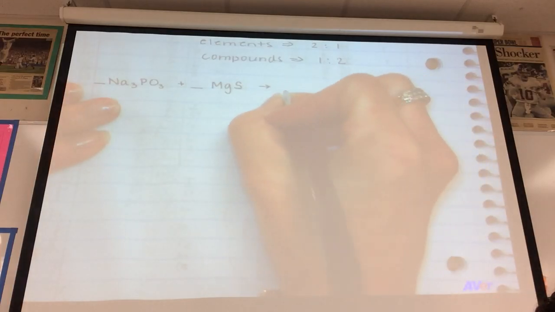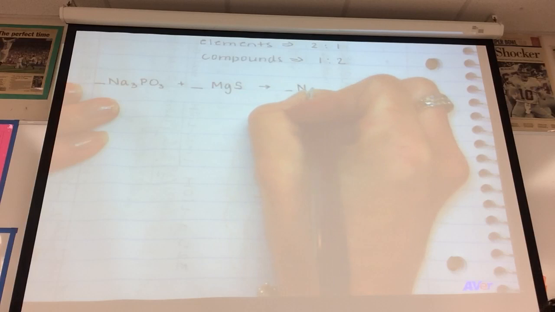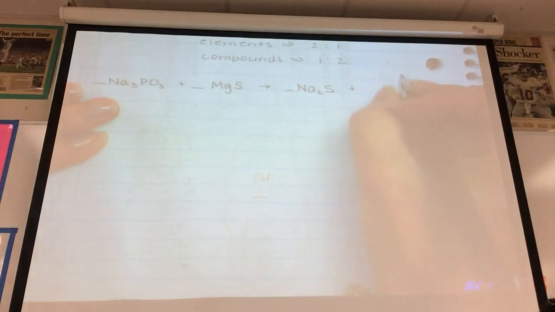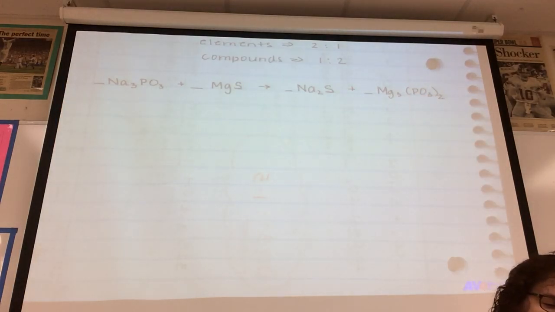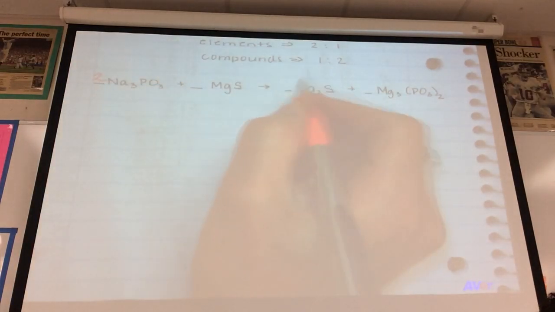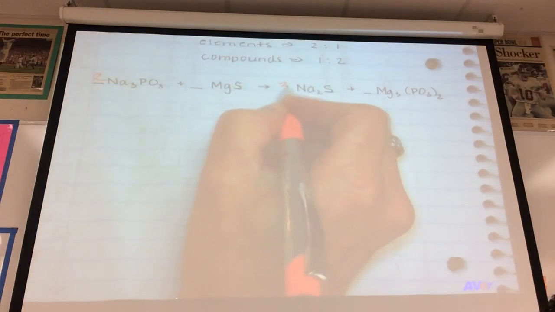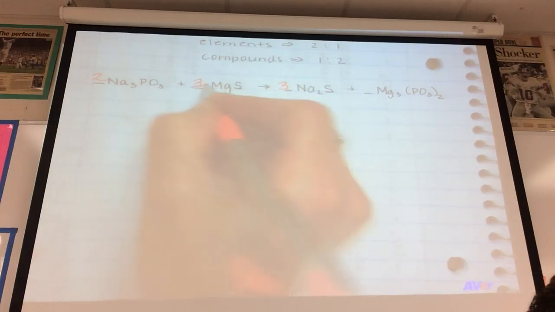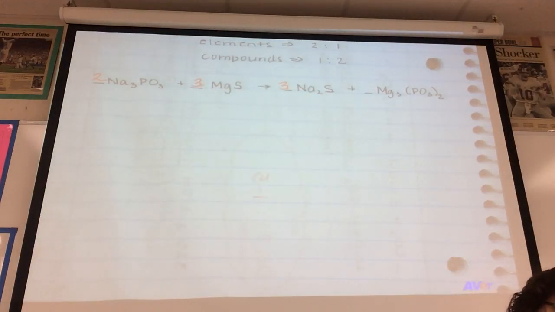Double replacement is correct. Sodium sulfide and magnesium phosphide. Is that what you got?